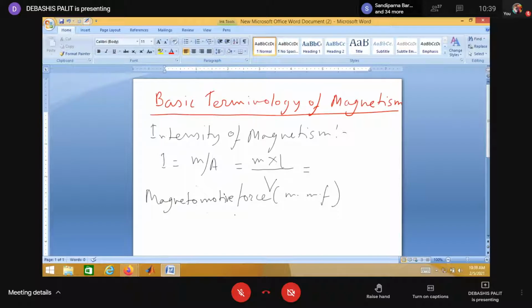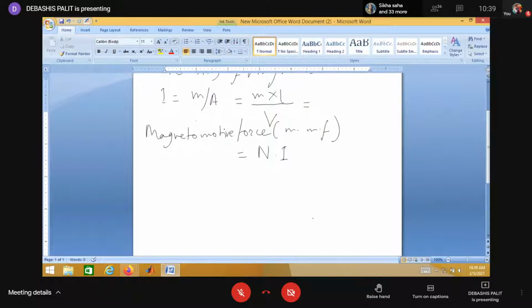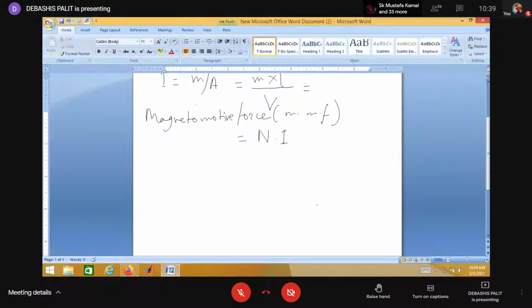So MMF can be defined as number of turns into I, ampere turn. I is the current, and N is the number of turns. So ampere turn, that is the magnetomotive force. That is analogous to electromotive force. Sir, N is the number of turns?